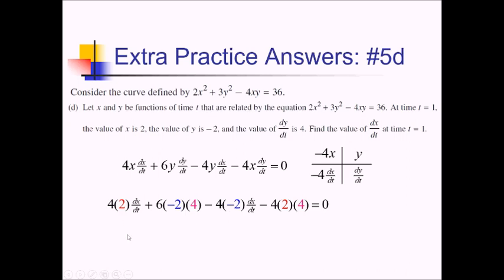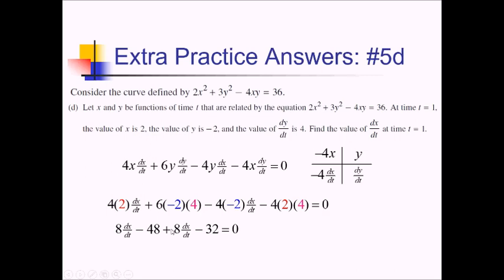So we've got 8 dx over dt, and this is going to be, let's see here, 6 times negative 2 is negative 12, then that's times 4, so negative 48. Next we have plus 8 dx over dt, and then we have, this is going to be minus 32. All that equals 0.